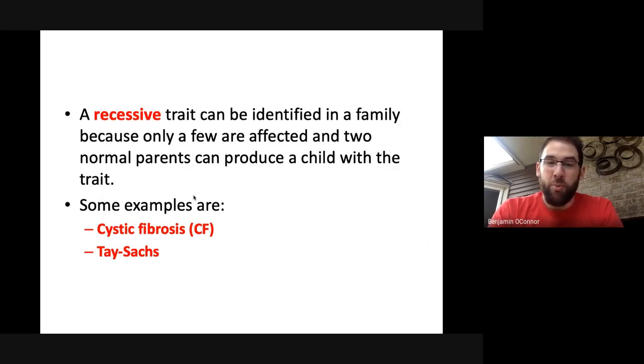All right. Recessive traits, we saw those in those charts before, but they can be identified in a family because only a few members are affected. Two normal parents can produce a child with that trait. Again, in those brown-haired families, most people are going to have brown hair, but every now and again, you're going to see a blondie show up, and that blonde hair is a recessive trait, still carried by most of the family but not expressed, as we say in biology vocab.